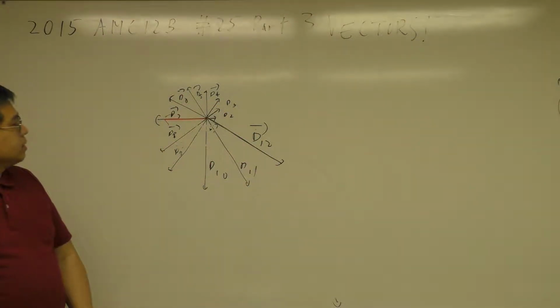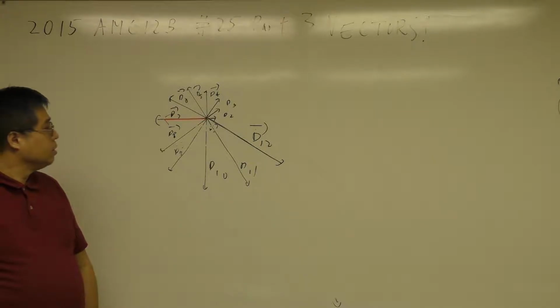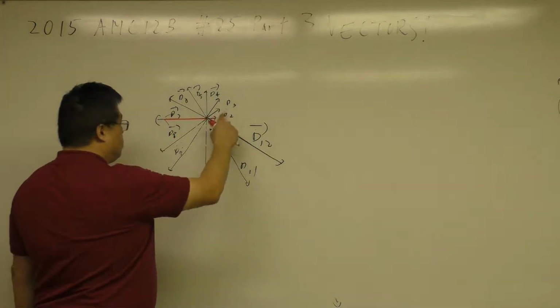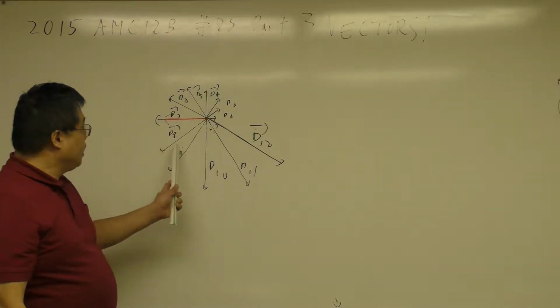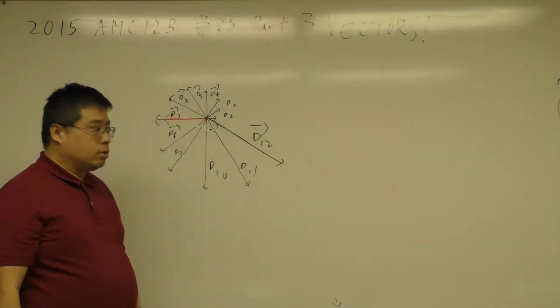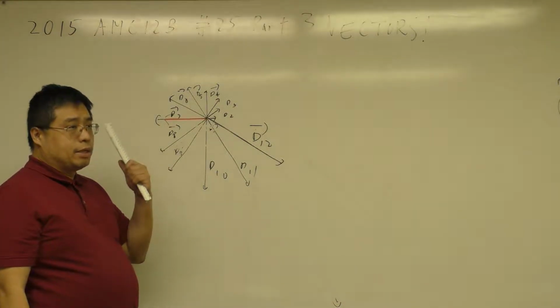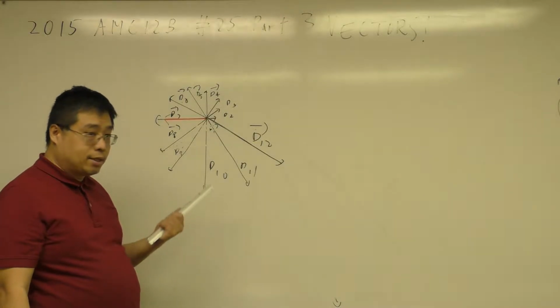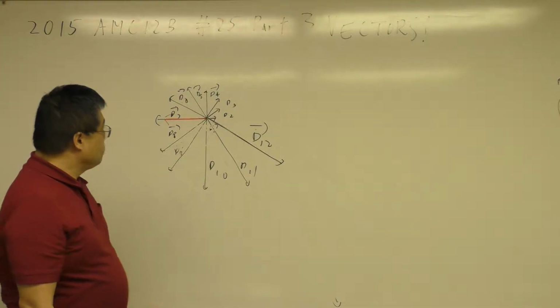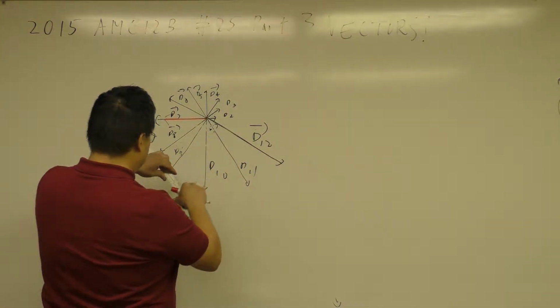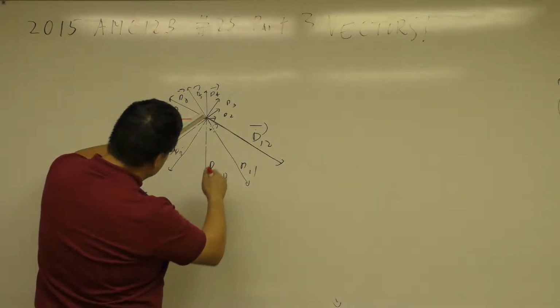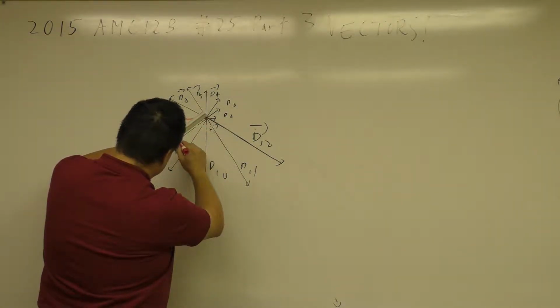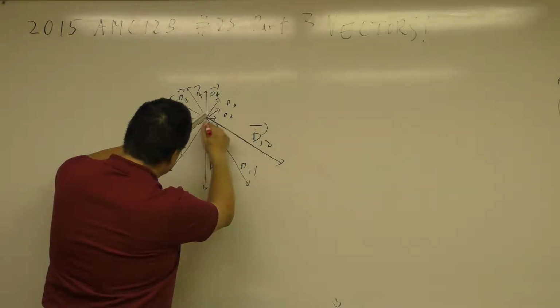So that's our net vector. With D2 and D8, again, 8 minus 2, so the net vector will have a magnitude of 6. It points in the direction of the longer vector.